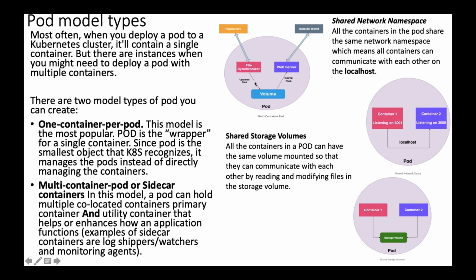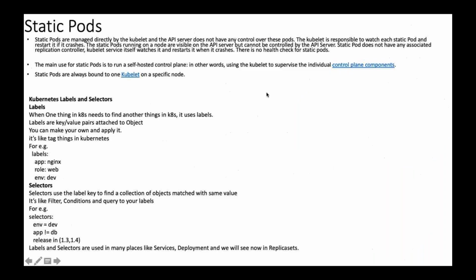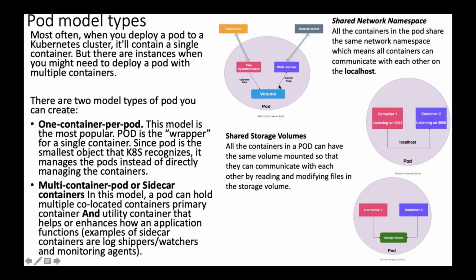Can the volume be shared? This container can write data to the volume, and this one can read it. Yes. So for some use cases, we will have a multi-container pod or sidecar.